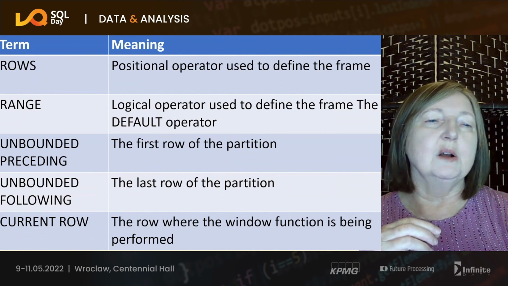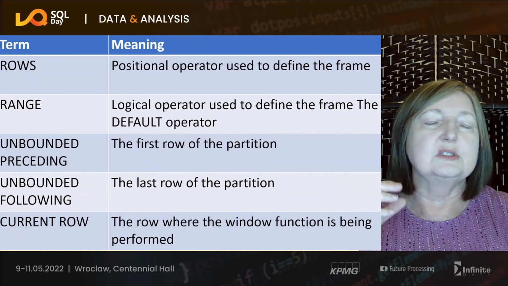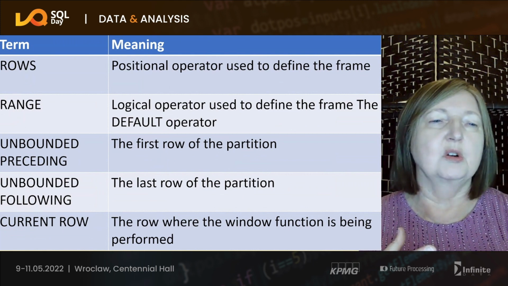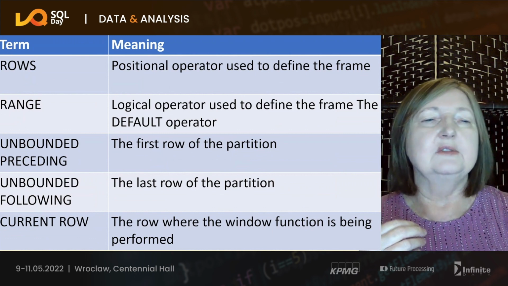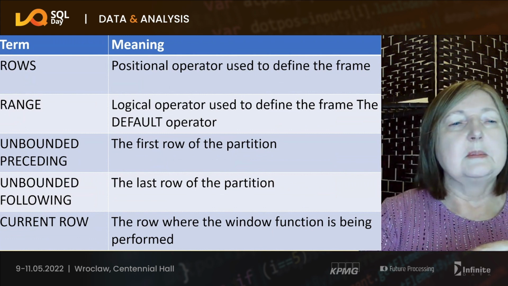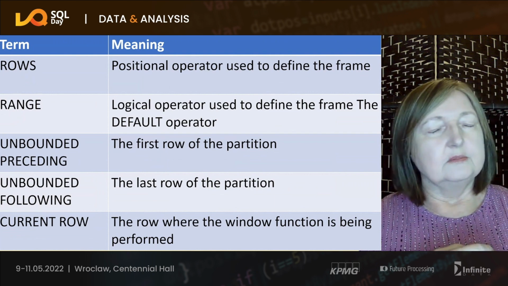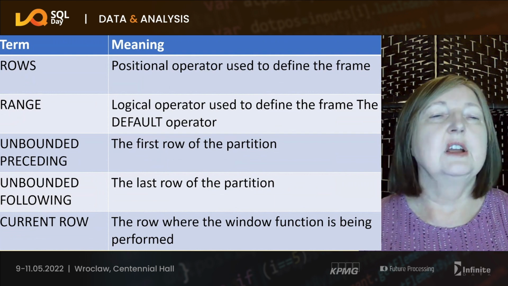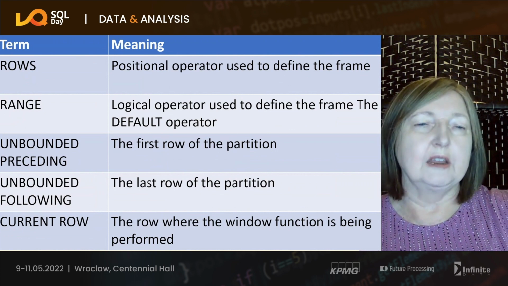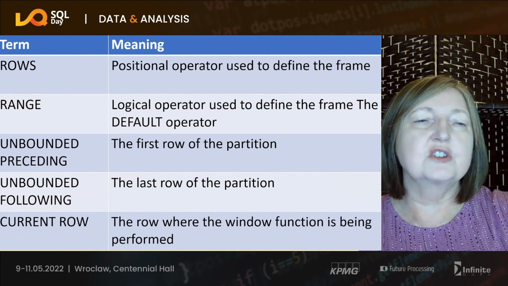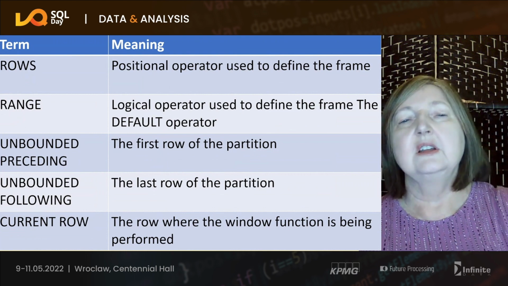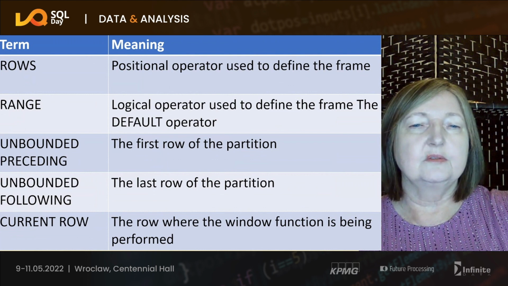The specification from the ANSI SQL committee has defined additional, what is the word I'm trying to say? Additional functionality with range. So there's additional functionality with range that has not been implemented in SQL Server.